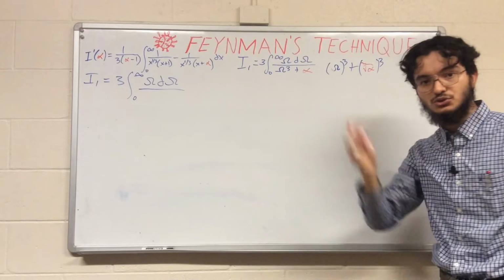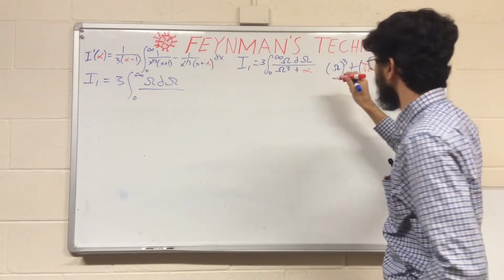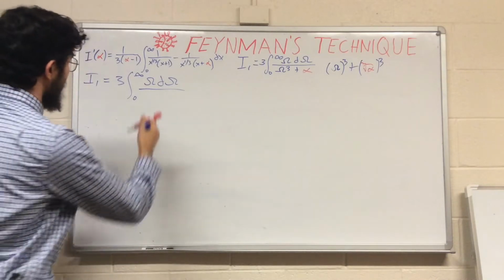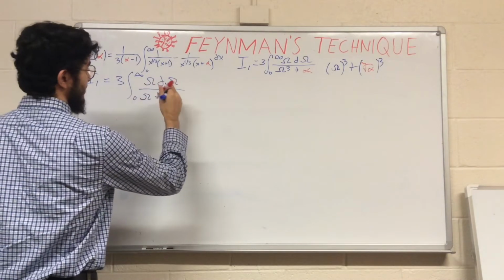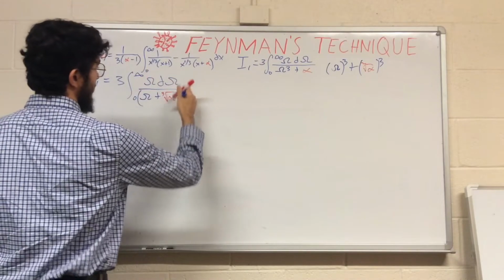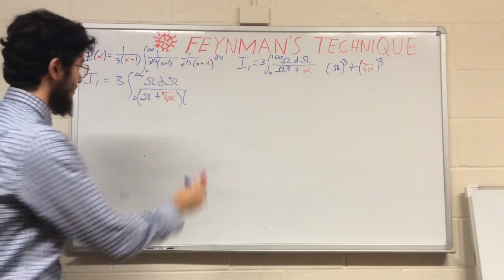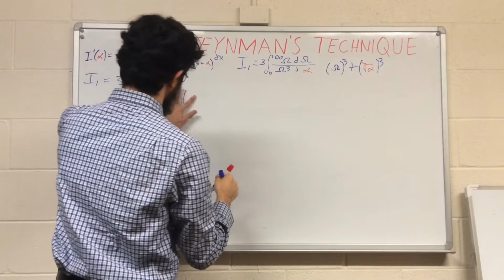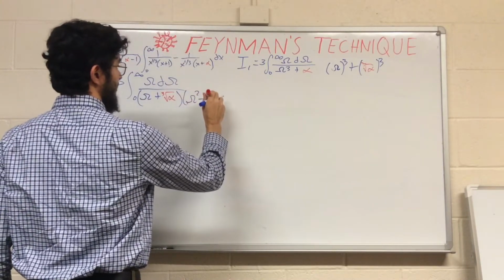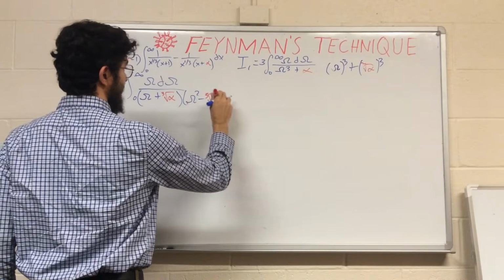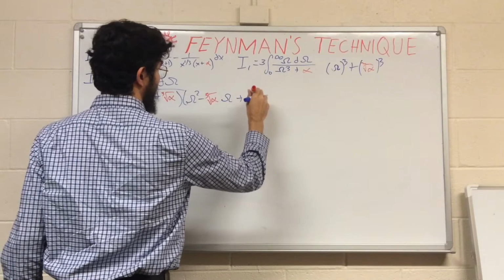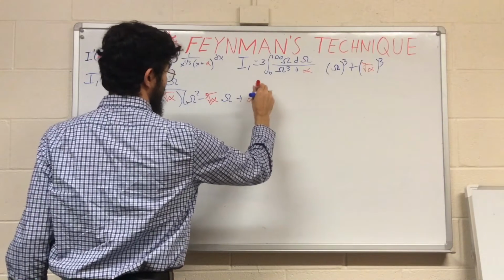So we have the sum of 2 cubes, and this can be factorized as the following. So this is nothing but omega plus the cube root of alpha, all of this multiplied by omega squared minus the cube root of alpha times omega plus alpha to the power of 2/3.